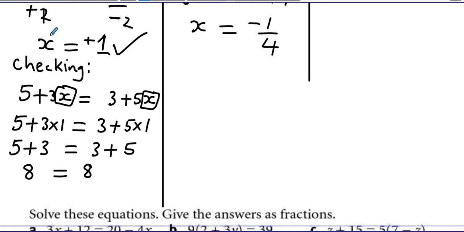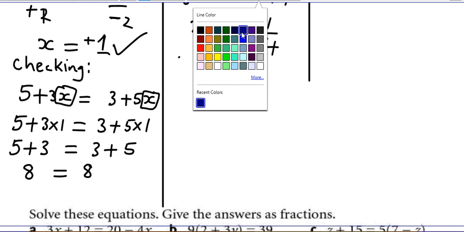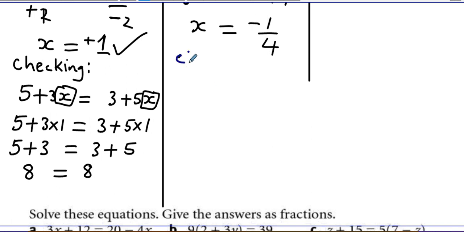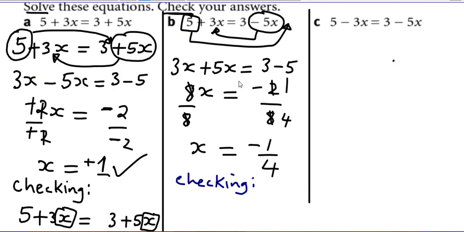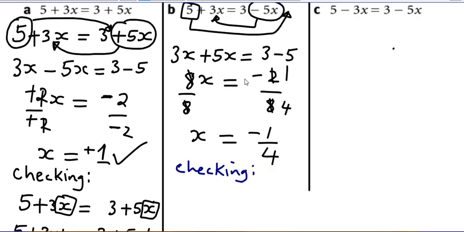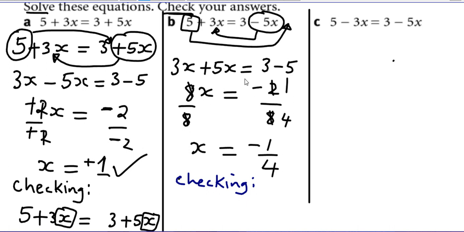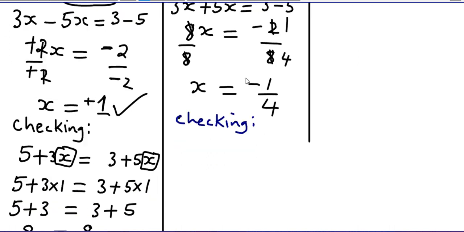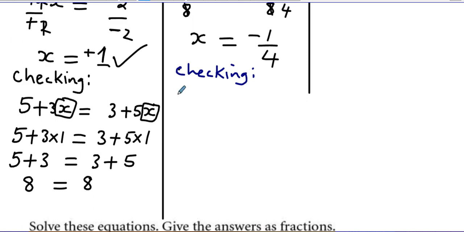Now let us check if our answer is correct. How do we check our answer? Just substitute where there is x, write negative 1 over 4.